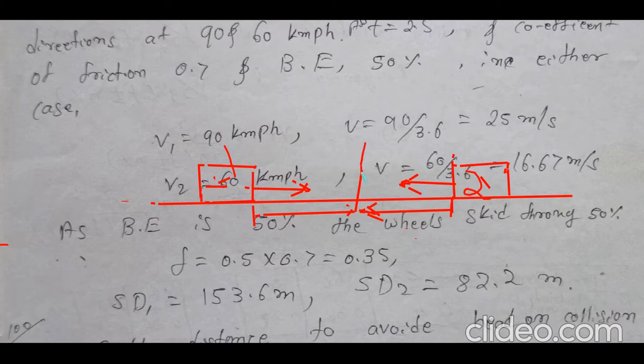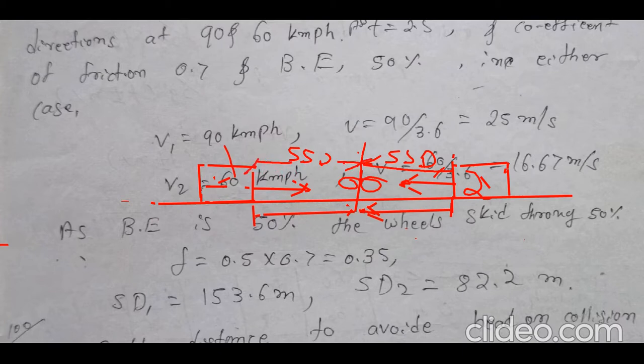If both the vehicles come to this location, what happens? The collision happens. So to avoid the head-on collision, if both the vehicles brake, this is SSD and this is also SSD. This is the minimum distance required to stop the vehicle.